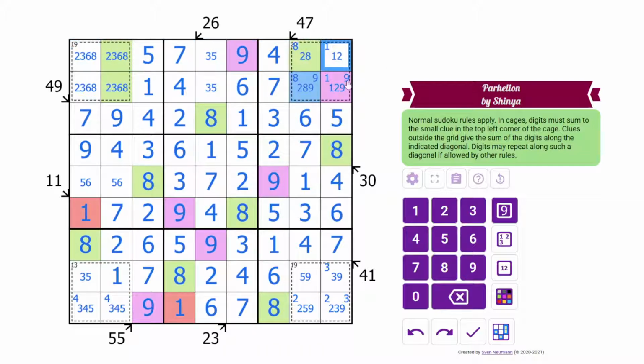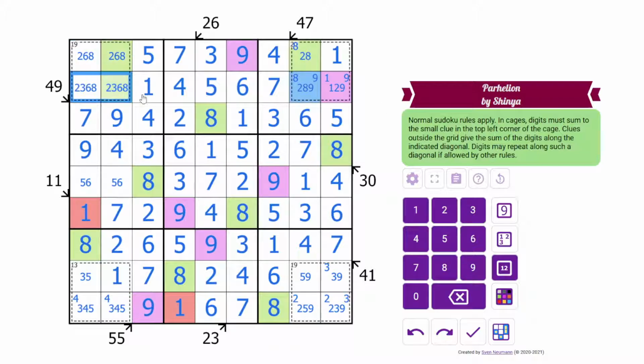Where'd I put 1 in that row? Has to be there. That has to be a 5. Wait, sorry. That can't be a 5. That has to be a 3. Looks at a 5. No 3s. That has to be a 6, which means no 6s. 2, 3, 8. 2, 8, 9.